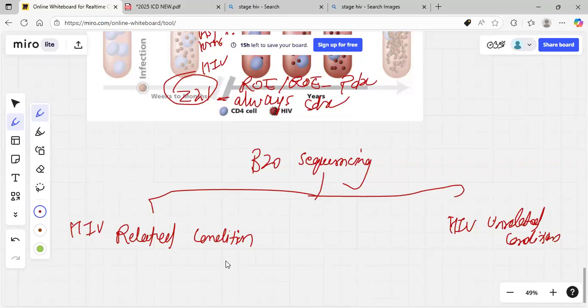So we have to determine the sequencing. We have to see whether the patient is coming with an HIV related condition or an HIV unrelated condition. So a related condition means any other condition from series A00 to B99 or symptoms of HIV.